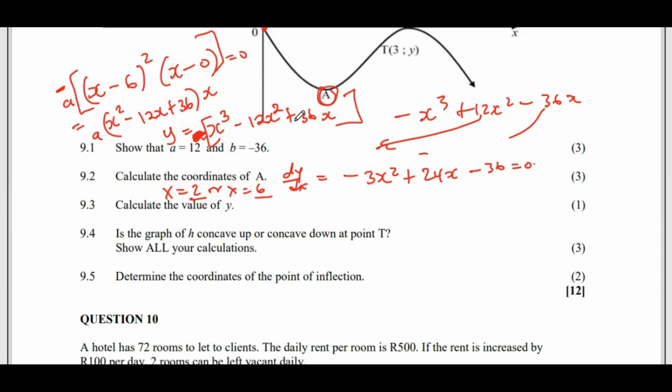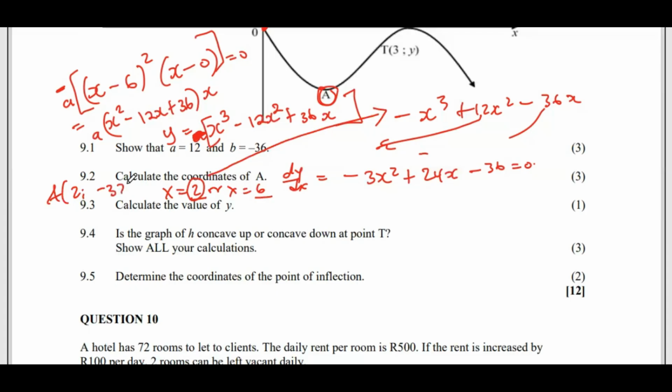So since we're focusing on A, it's going to be 2. And to get y, we replace this 2 into the original. So when that happens, our y is going to be negative 2 cubed, plus 12 times 2 squared, minus 36 times 2. I'm getting negative 32.